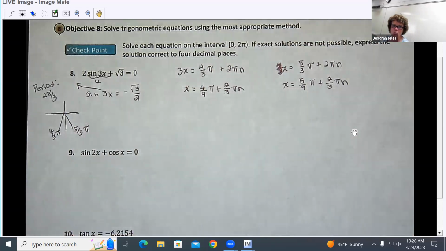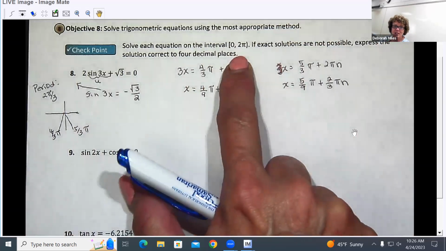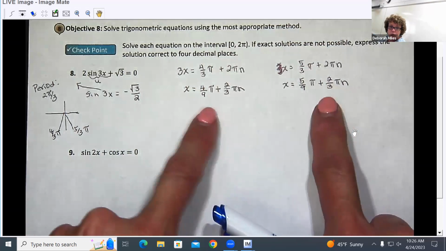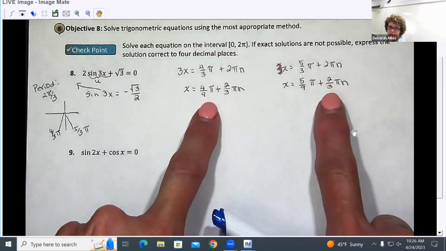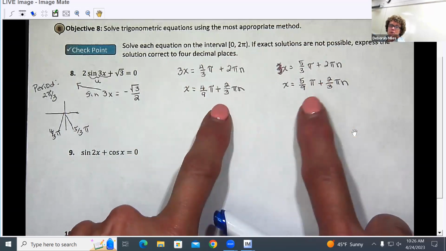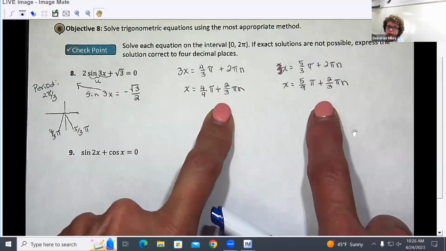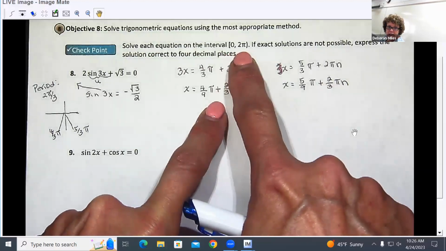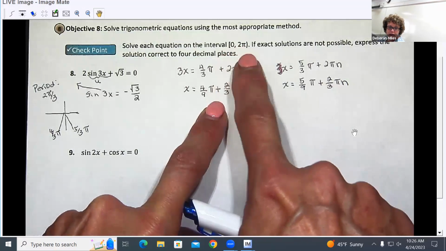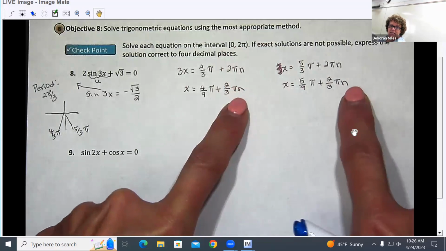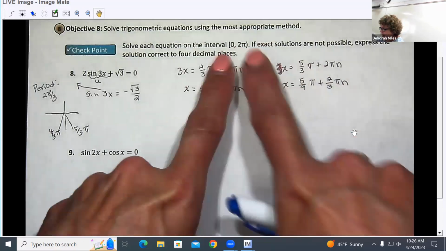Now, what I started to say was, if this said, find all the solutions in infinitely many revolutions of the unit circle, then we would have all the solutions by letting n be 0, then letting n be 1, then letting n be 2, etc. But because we're only looking for solutions in the interval from 0 to 2 pi, including 0, but not the 2 pi, I need to find for what values of n these angles are within that interval.